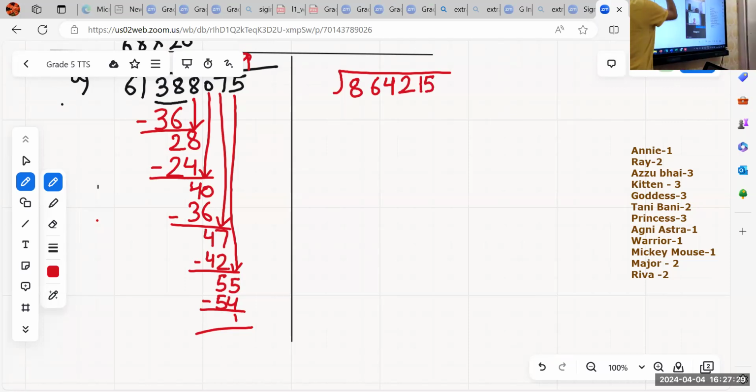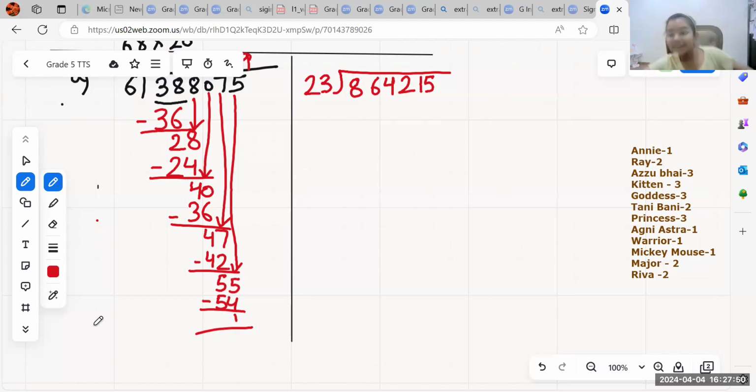Why will I give such tough questions to you guys? You are not even in grade 6. Sir, we want to be challenged, so can you make it a Kidzo question, please? These are such small questions. If I give a bigger question, then I'll make it a big question. Sir, then give us a bigger question. Give 9 divided by 9.